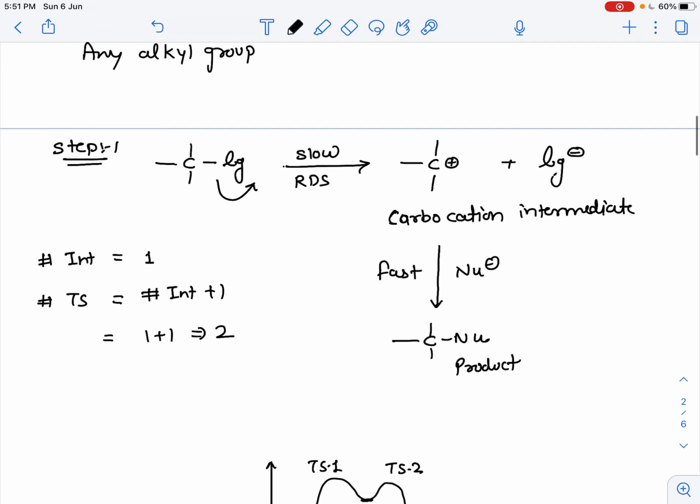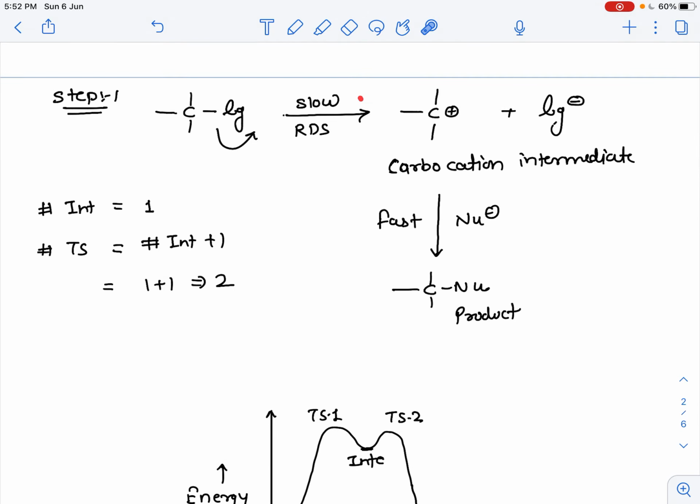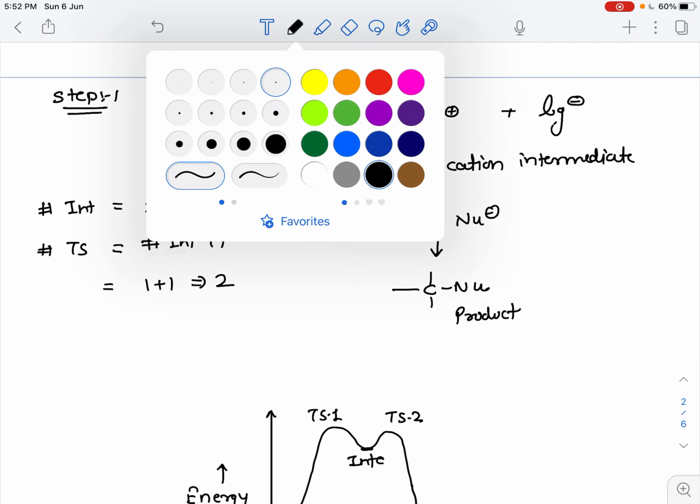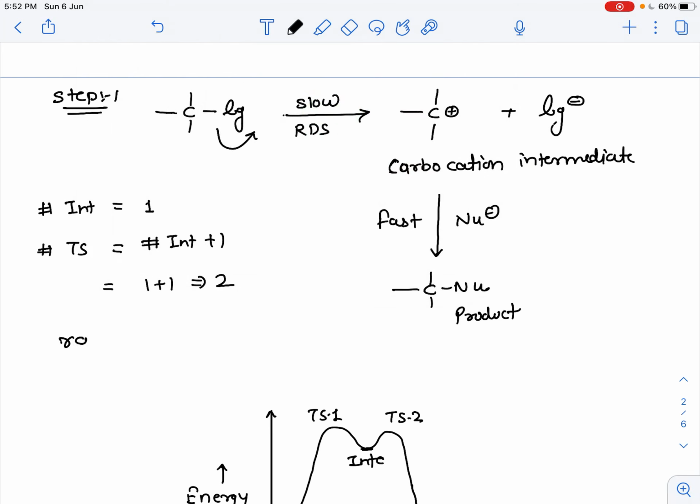Clear or not? Now in this one thing you can see, this is the RDS. So the rate of the reaction will be determined by this step only. So the rate of the reaction is directly proportional to the substrate only, that is RLG. That's it.